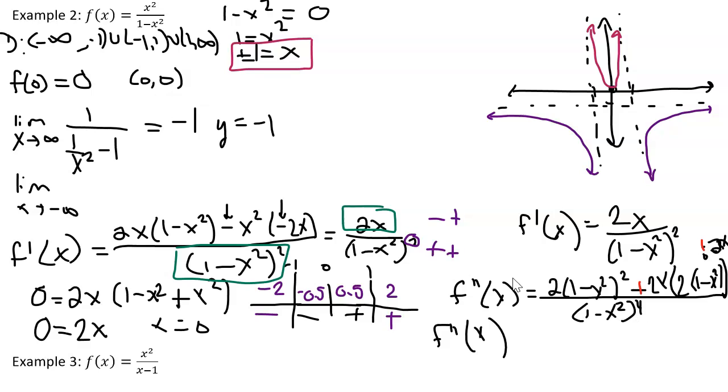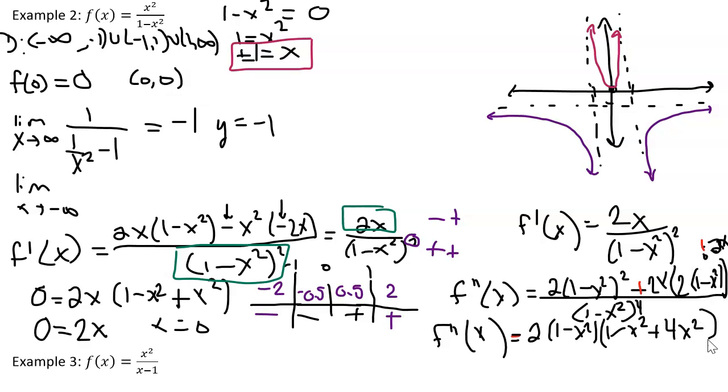So I'm going to factor out a 2 and a 1 minus x squared from each term. 2, 1 minus x squared. That's going to leave me, if you take out the 2 in one of these terms, you've got a 1 minus x squared left over, plus, let's take out one of these 2's, you're going to be left with 4x squared, and then this whole term in the parentheses has been removed.